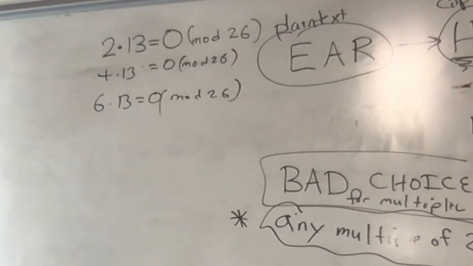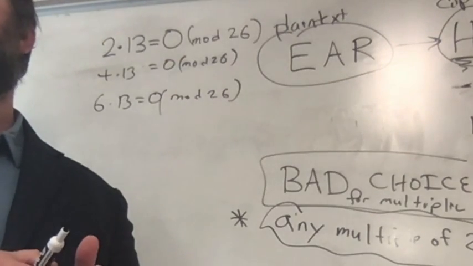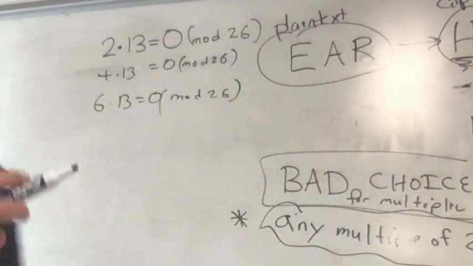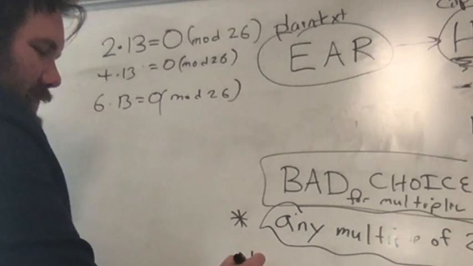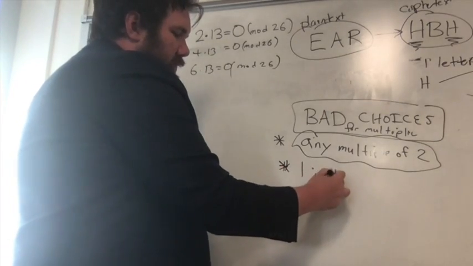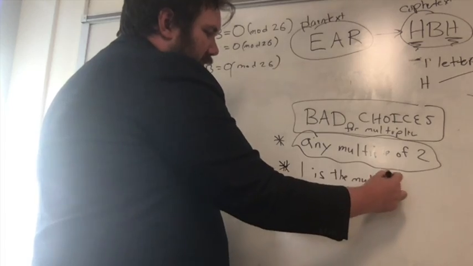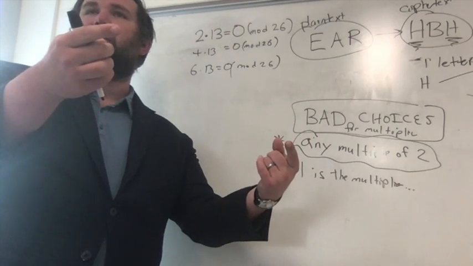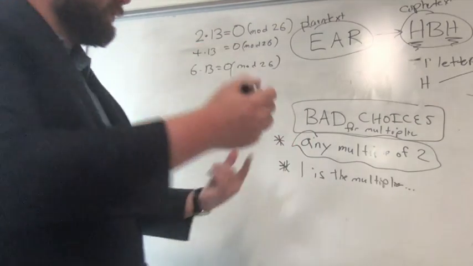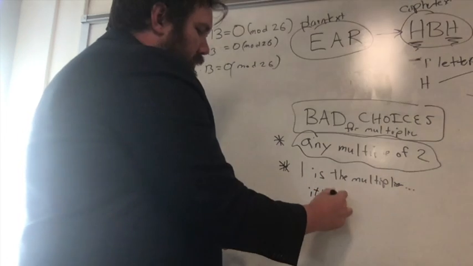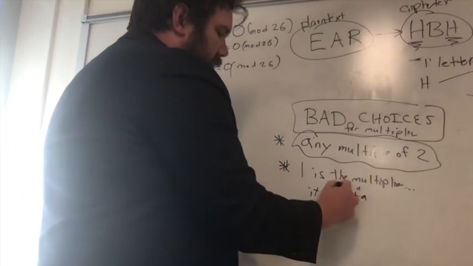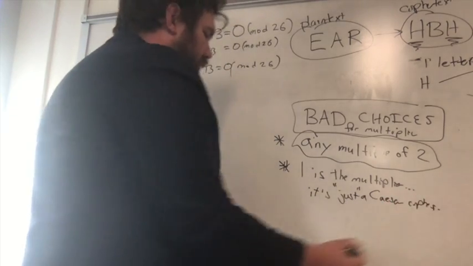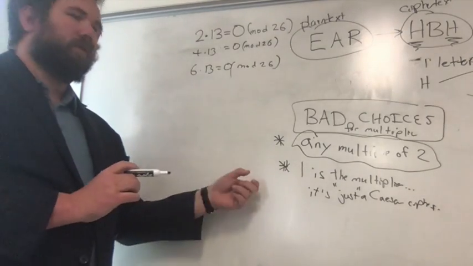It's even worse than any multiple of 2. 1 is a bad choice. What happens if you choose 1 as the multiplier? If 1 is the multiplier, you get a Caesar cipher. Because you're still shifting, but you're not adding any security by your multiplier. And the other bad choice is 13.